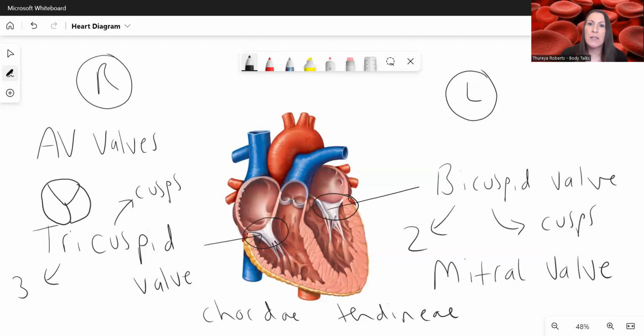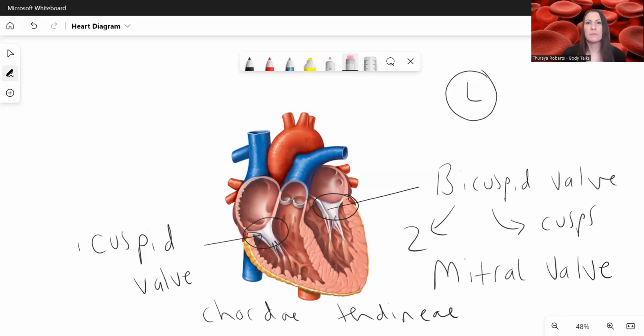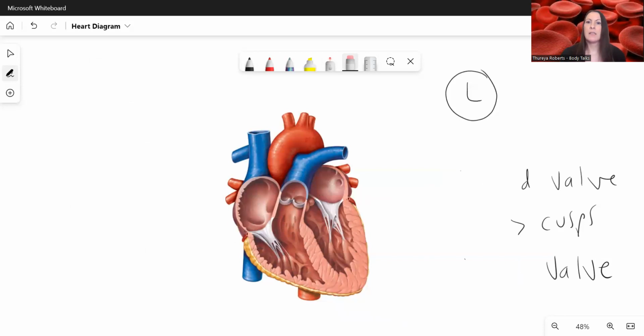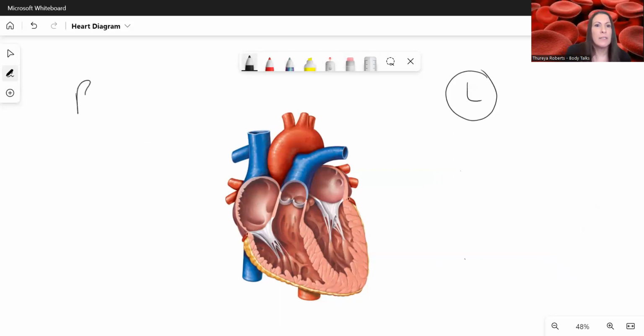There's another two main valves I want to talk about. So let me just take this all away. These valves also have different names. I took away that right bit, didn't I? Let's keep that there to keep ourselves right.